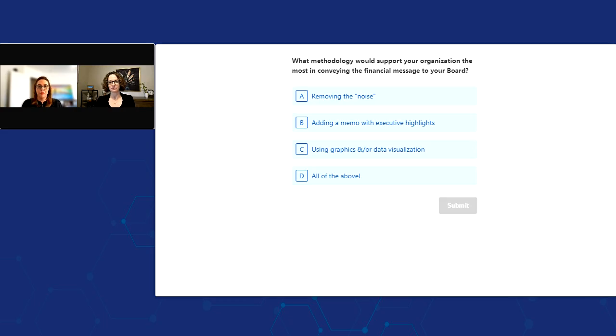Now how do I add the memo to provide that highlight that people should focus on? And then once we have that, then we can work towards the graphics that tell the story in a visual way. And it adds up over time, so it's not like you jump in and do it all at one time, because that can be overwhelming.